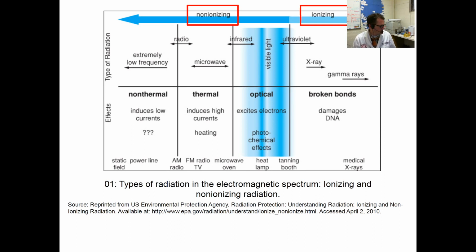So, for example, I have two things here. Here's a phone, and this is going to emit non-ionizing radiation. While this UV light here is going to emit ionizing radiation, ultraviolet light.